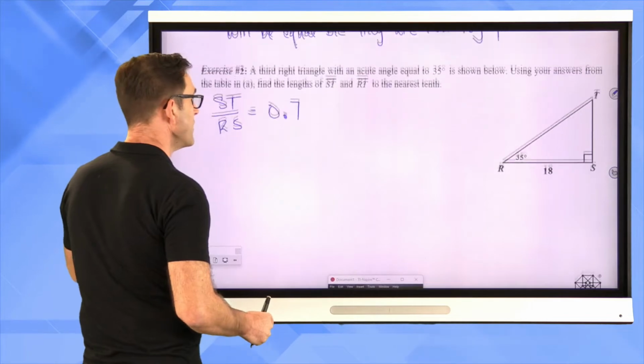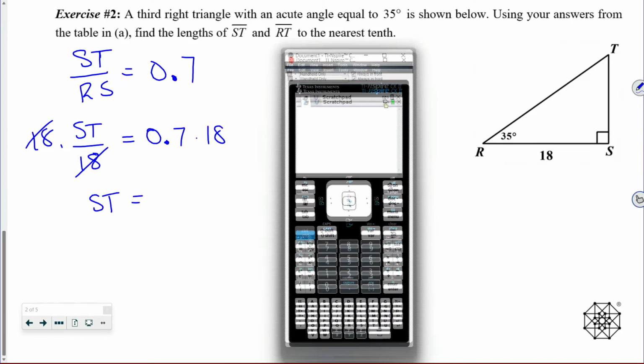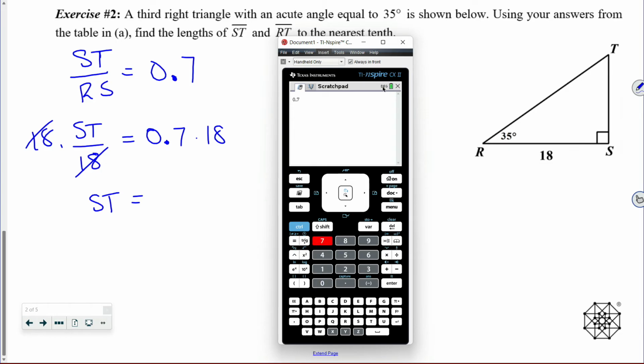But now, because I know RS, I can say ST divided by 18 is equal to 0.7. And now I can just multiply by 18 on both sides, and ST would be equal to 0.7 times 18, and that's going to be 12.6.